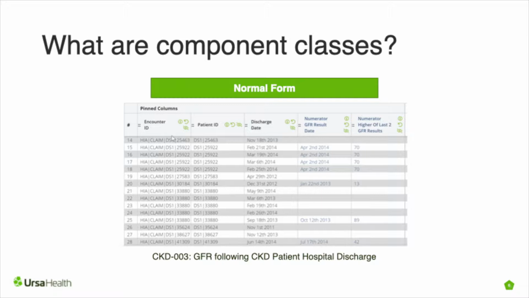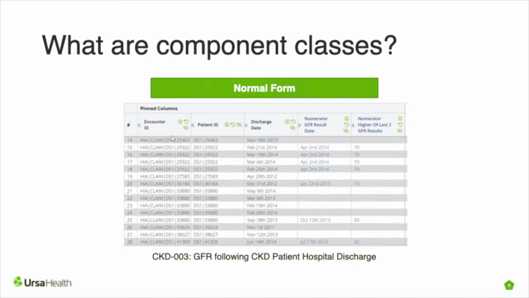In this case, there could be a one-to-one relationship between the denominator observation, which is the hospital discharge, and the numerator record, which is the GFR. There could also be a zero numerator record, and that would still be a normal form structure because a normal form component class is one in which for each denominator observation there is at most one numerator record.